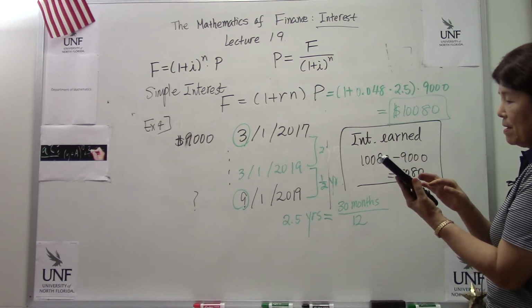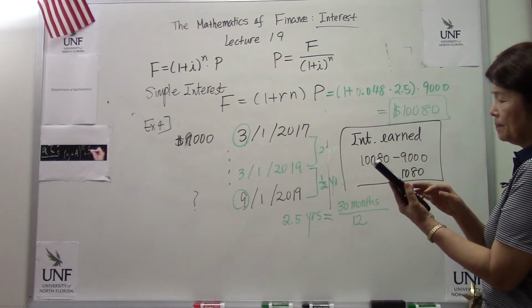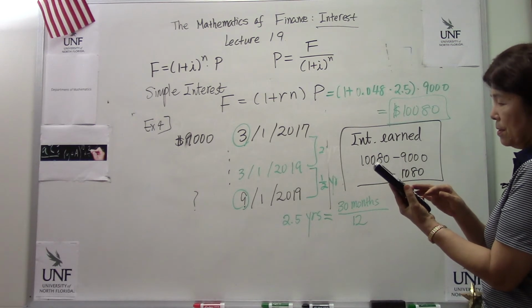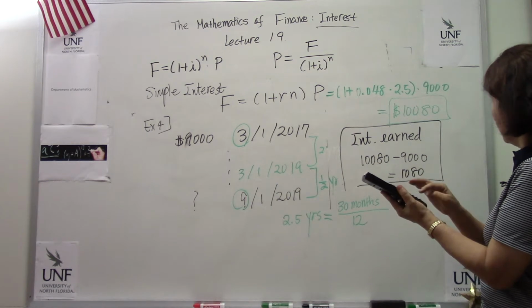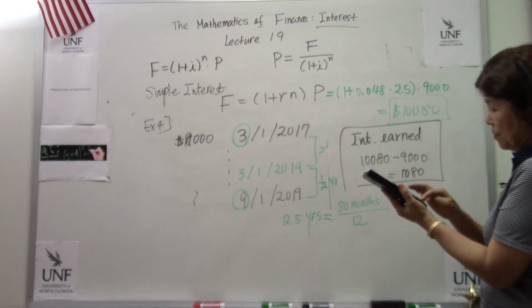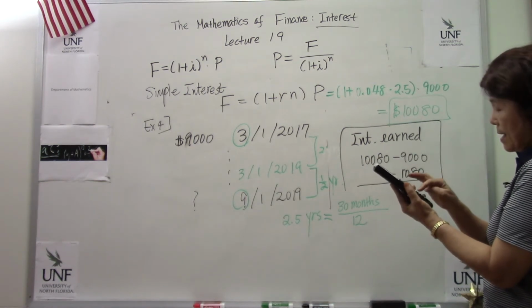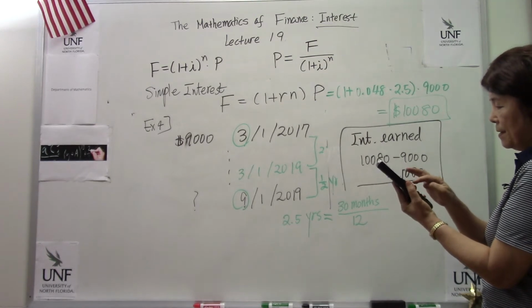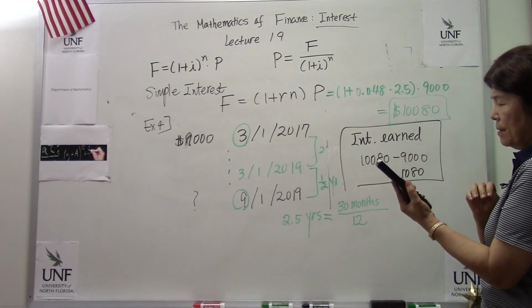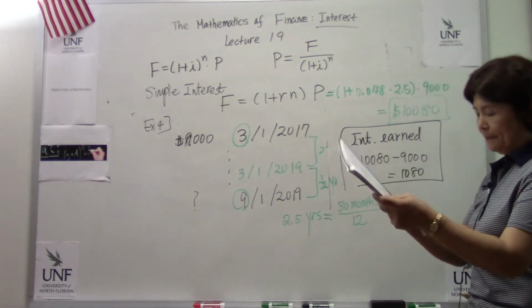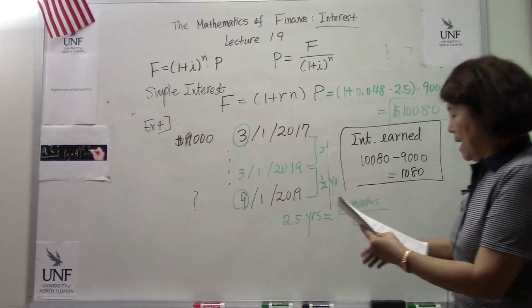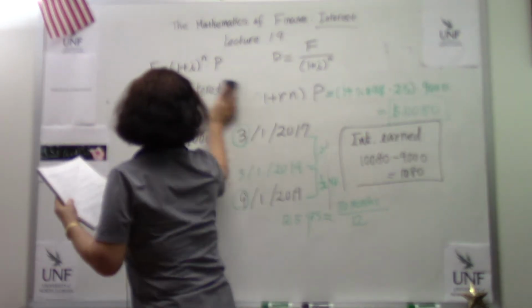Let me verify. Yeah. 9,000 times 1 plus 0.048 times 2.5. Yeah, that's correct. Okay. Interest earned.